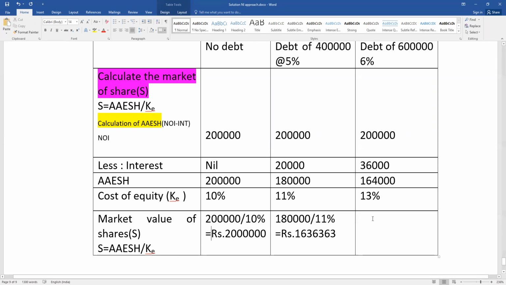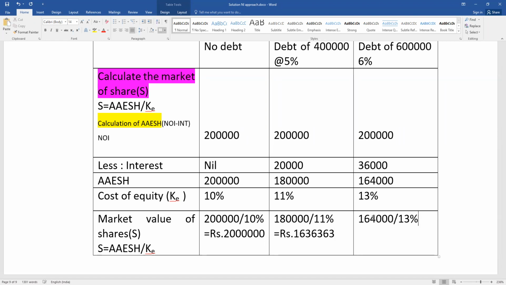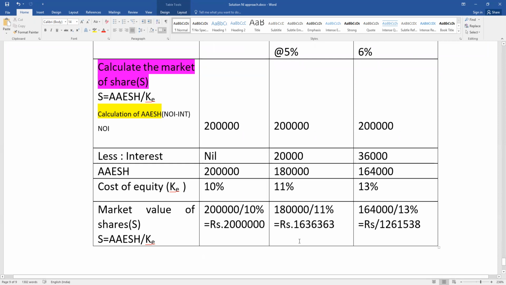And the last plan, it is 1,64,000 divided by 13%, which is equal to rupees 12 lakh 61,538. So we have calculated the market value of shares.